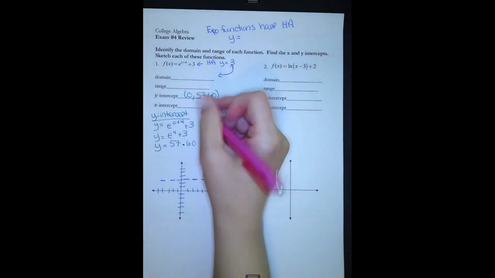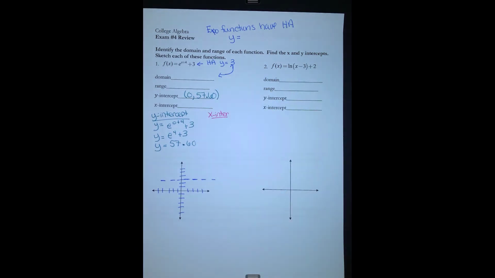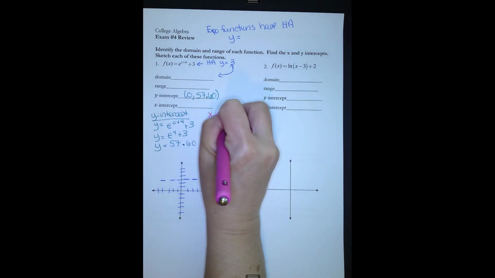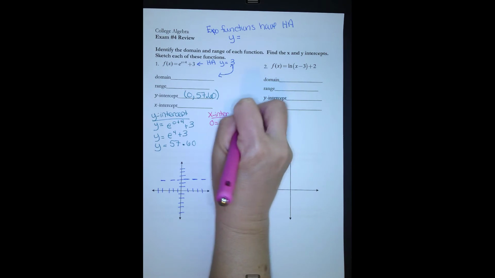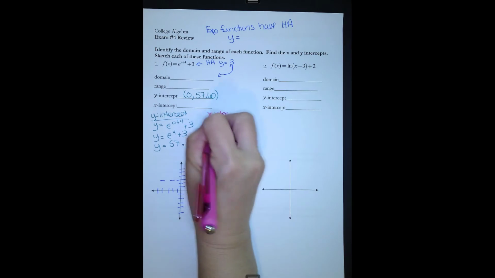And with our x-intercept, the y value happens to be 0. So we have 0 equals e to the x plus 4, plus 3. So the first thing we're going to have to do is get our exponent by itself. So we're going to subtract 3 from both sides.